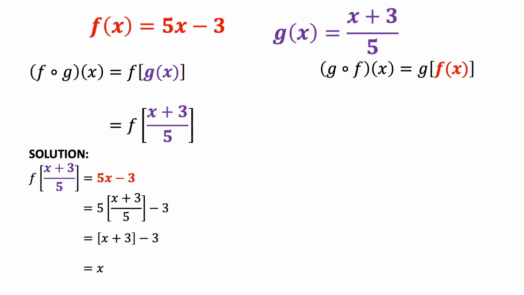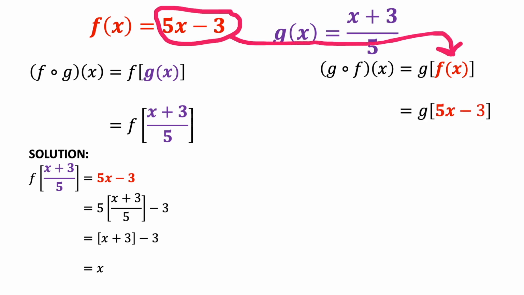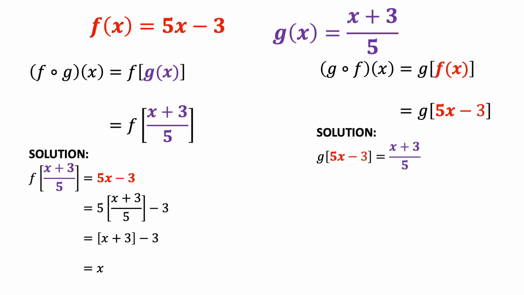Let's now find g circle f of x. Similar to the previous examples, we need to plug in the equation of f of x, which is 5x minus 3, to the equation of g of x, which is x plus 3 all over 5. Substituting 5x minus 3 to the equation, we will have quantity 5x minus 3 plus 3 all over 5.